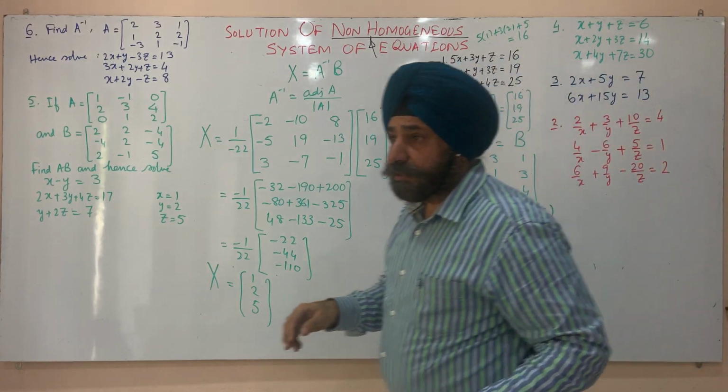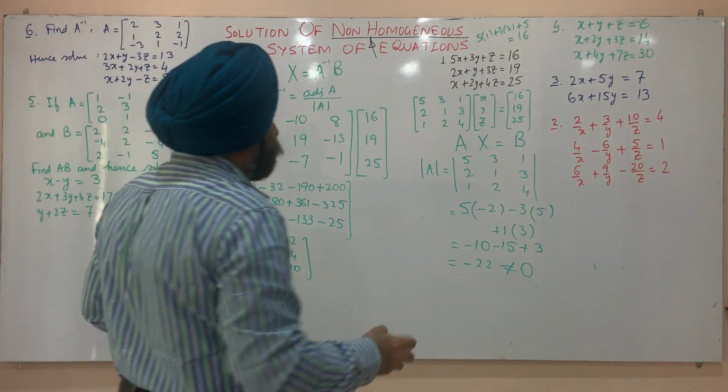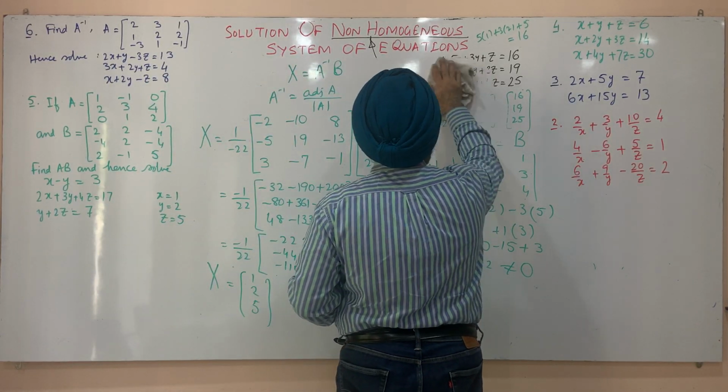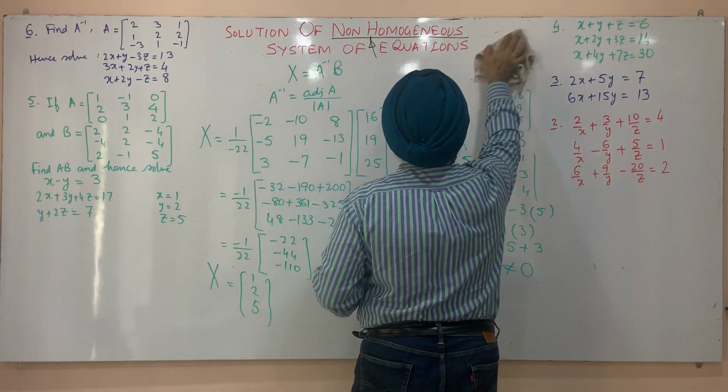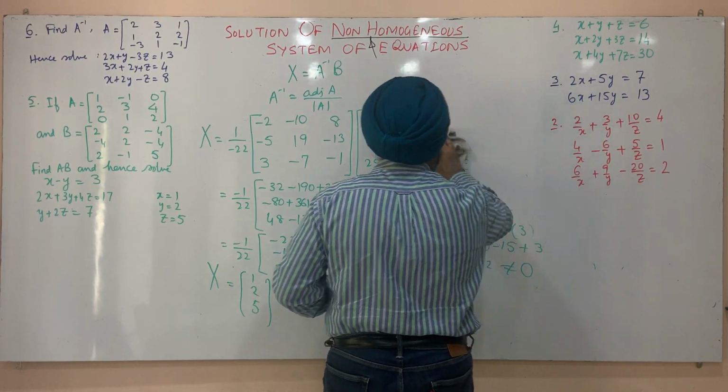Here the unknowns x, y, z are given in the denominator. So in such questions, it's suitable if we change the variables.